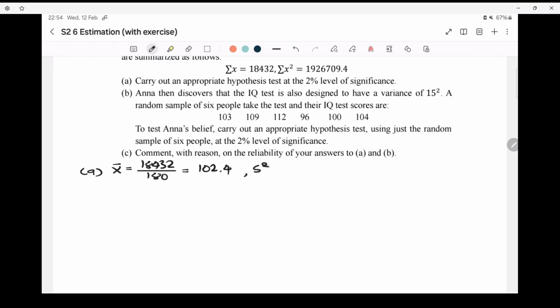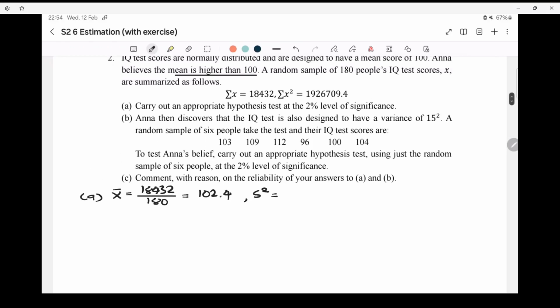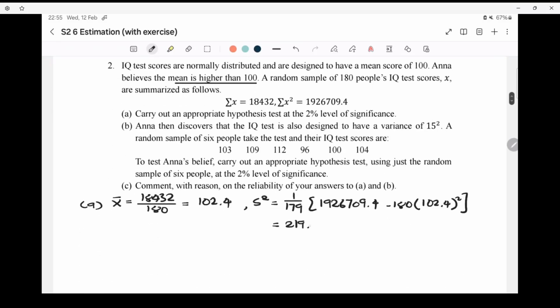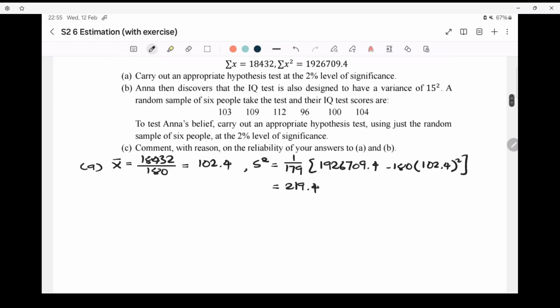You also need to calculate your unbiased estimate of population variance, which is 1 over 179 times the sum of x squared, which is 1926709.4 minus 180 times 102.4 squared. So once you calculate this, you find that this is 219.4. So this is your unbiased estimation of population variance. So let me write this down.